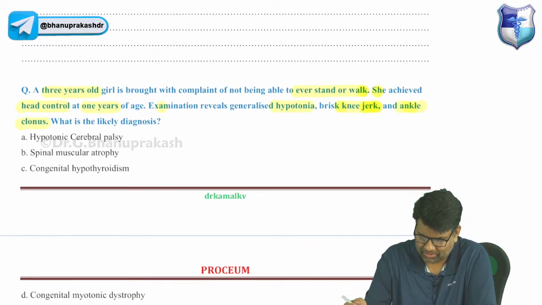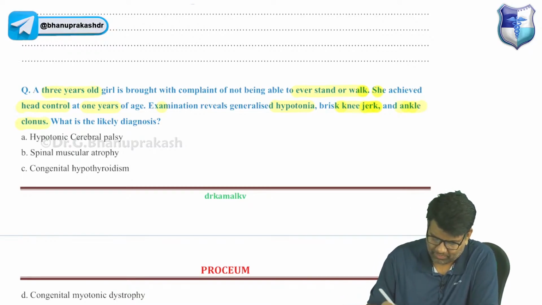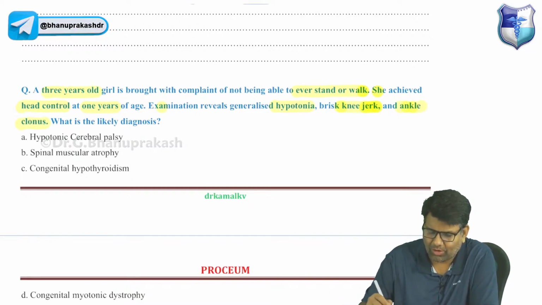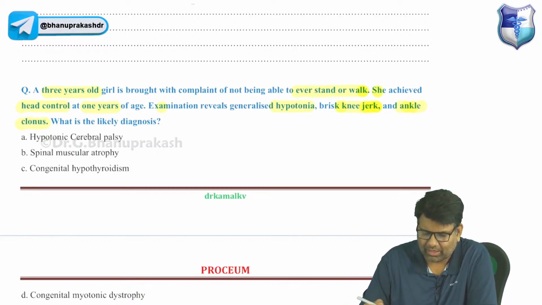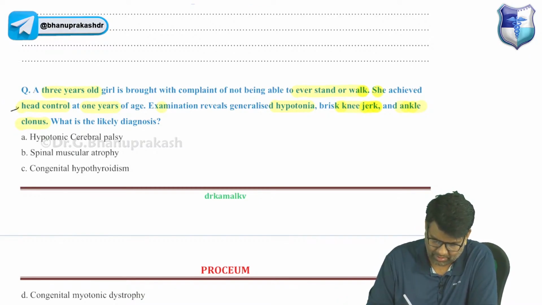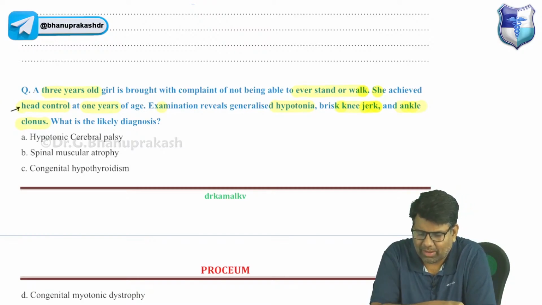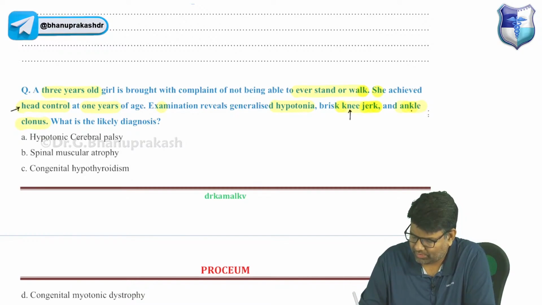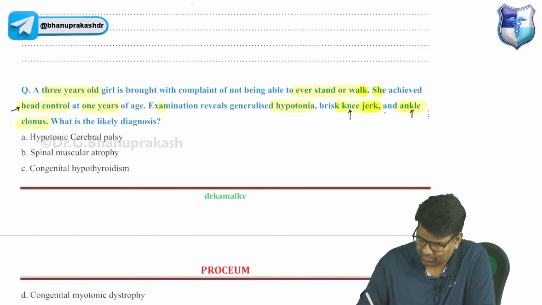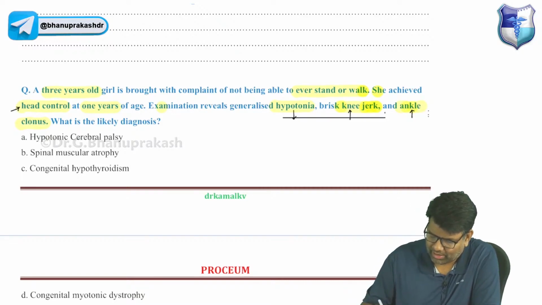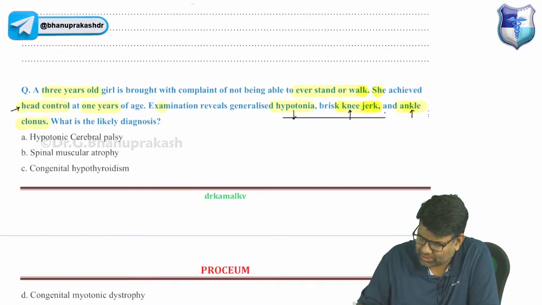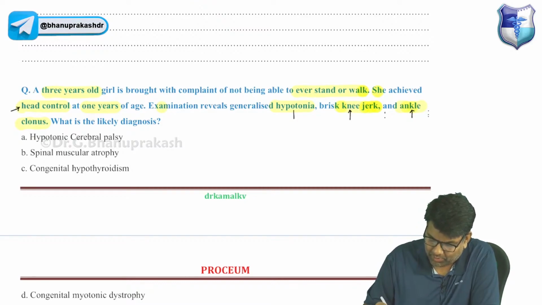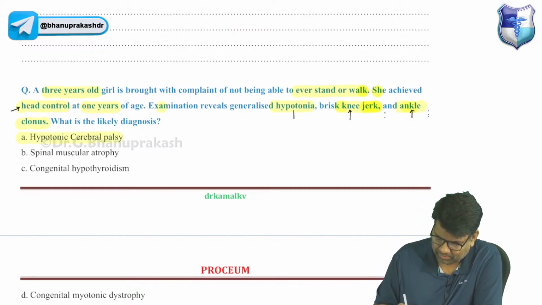What is this picture? Here you can see there is head control, which should have come at the age of, you can say, 3 months, it came at 1 year. There is a component of upper motor neuron kind of entity with hypotonia, and this is very suggestive of the hypotonic cerebral palsy.